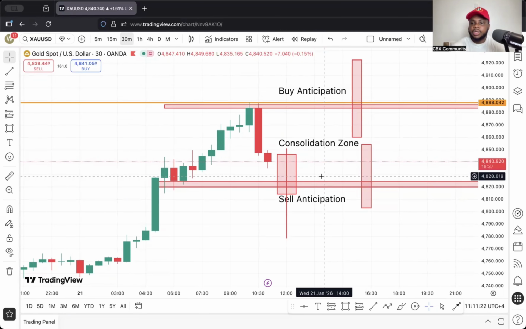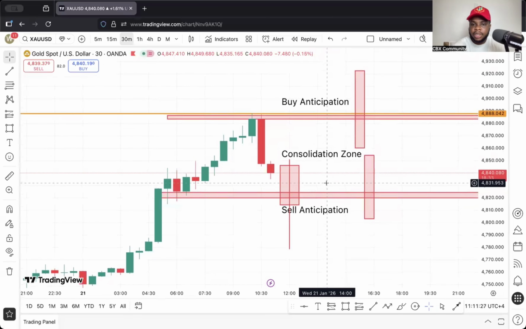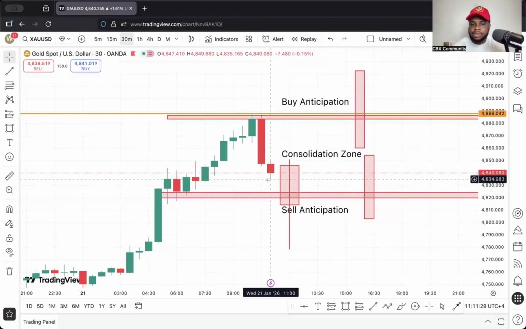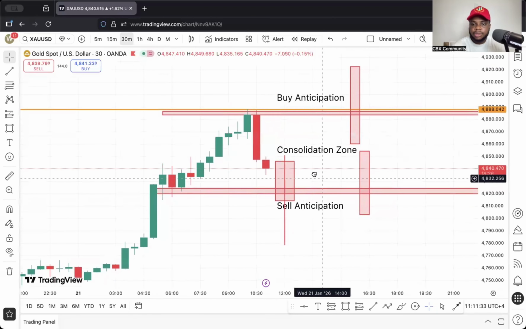We don't need to do anything. All we need to do is be patient until the close of this candle. This 30-minute candle is left with 18 minutes before it will close.